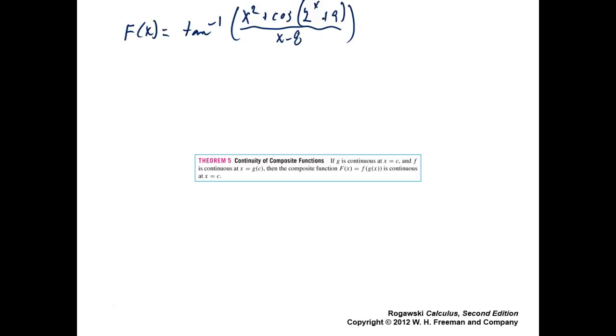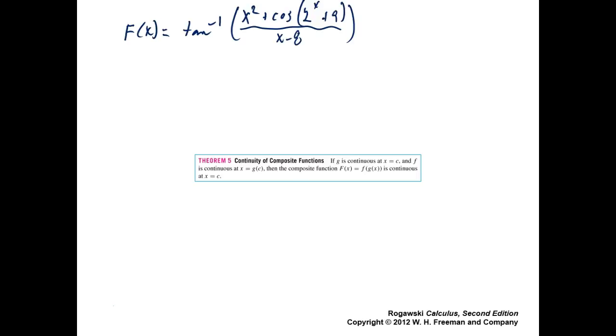Because the thing in the parentheses has no meaning there. Now, that's at least one. Does this bother you any? No, even an 8 would be okay there. 2 to the x is continuous everywhere. Positive, negative, fraction, decimal, rational, irrational, doesn't matter. Cosine is continuous everywhere. X squared is continuous everywhere.